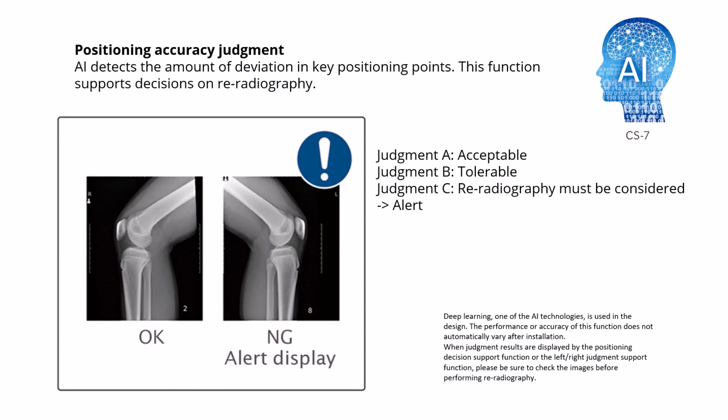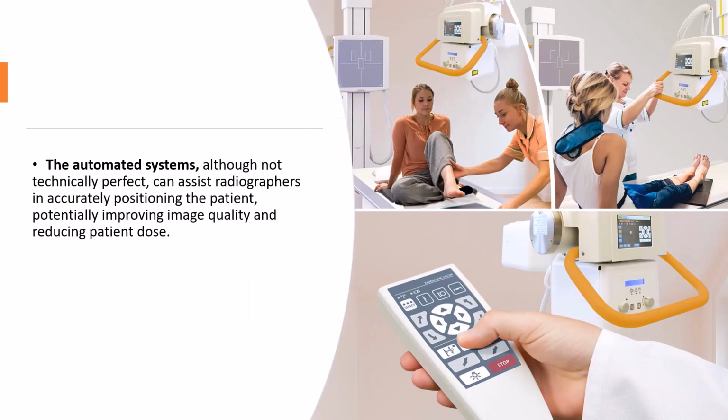One of the most important is one for positioning accuracy judgment. The AI detects the amount of deviation in key positioning points. This function supports decisions on whether you need to repeat a radiograph or not. It will judge your acquisition as acceptable, tolerable, or a repeat is needed.